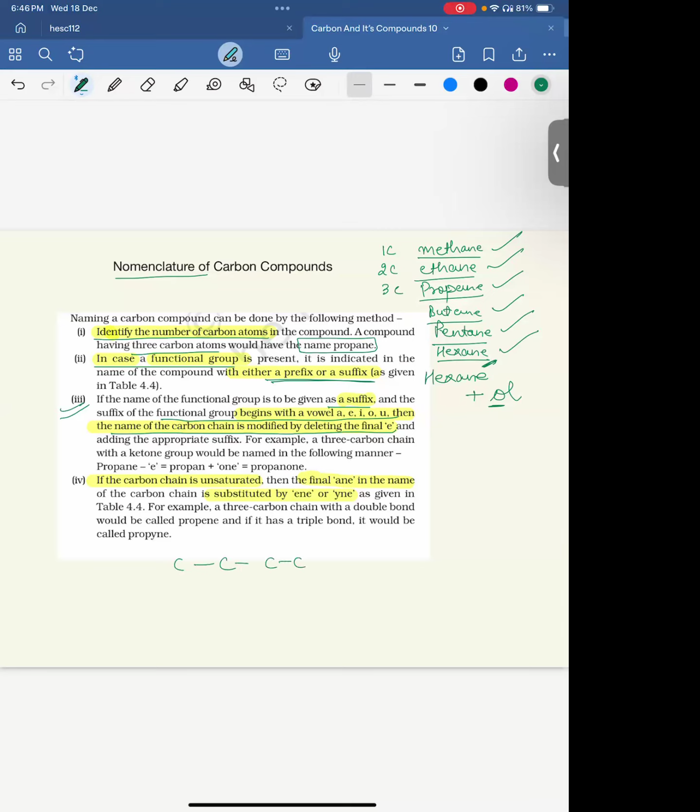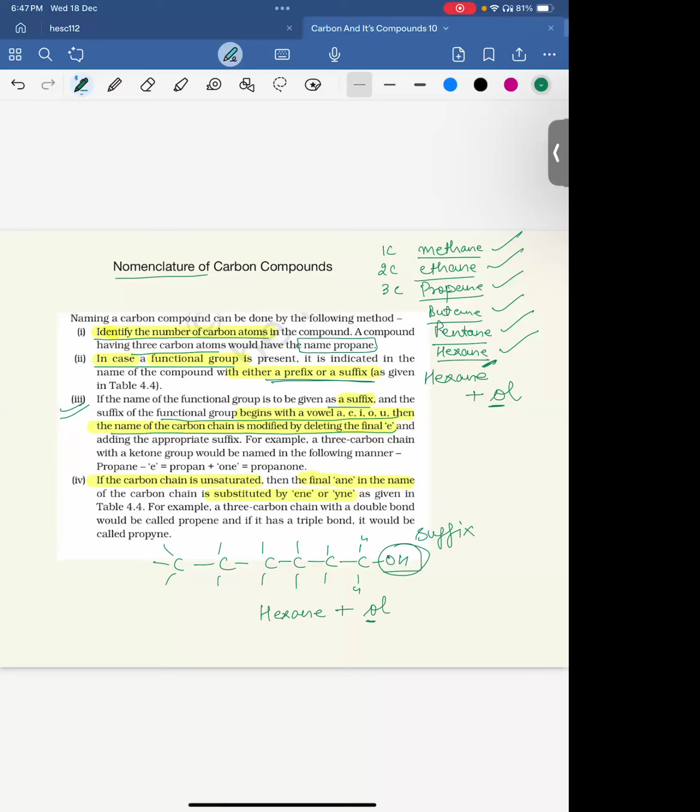We have 6 carbon and 1 OH group to it, and the rest of them hydrogen. So we have to name this. We'll write that this is hexane, plus we'll have to add the suffix for this functional group, and the suffix for alcohol is OL.